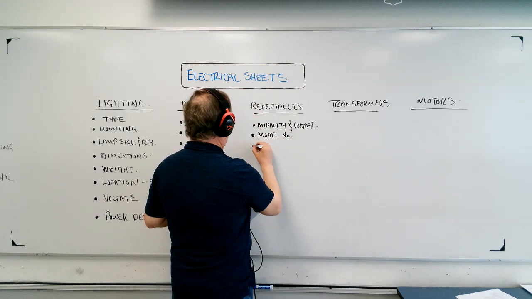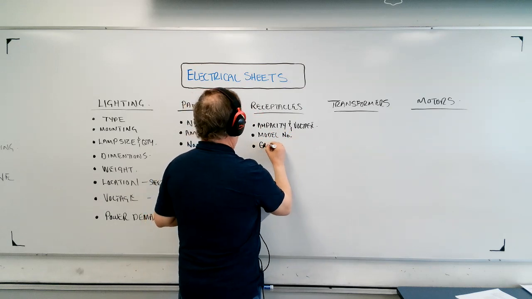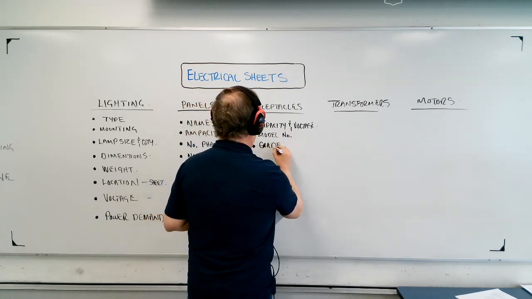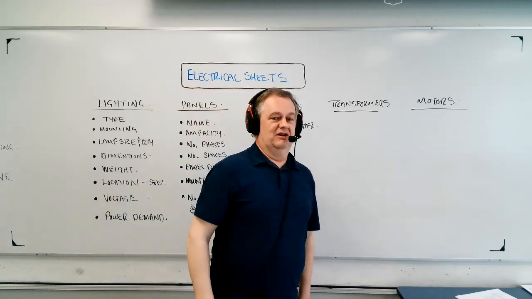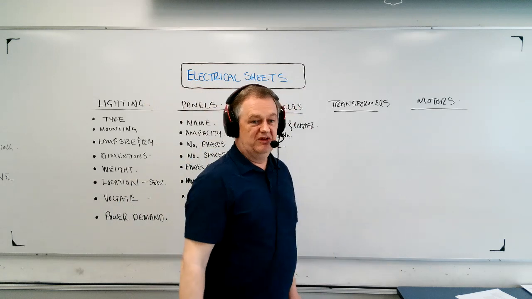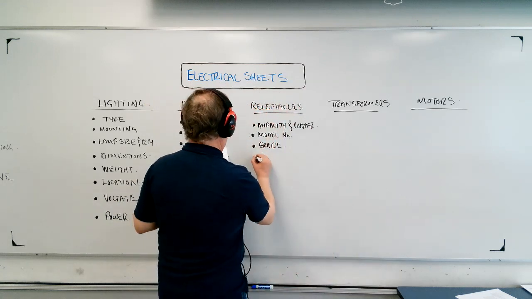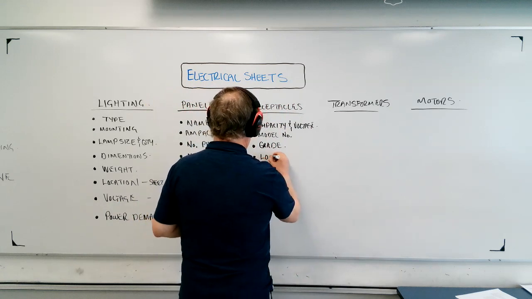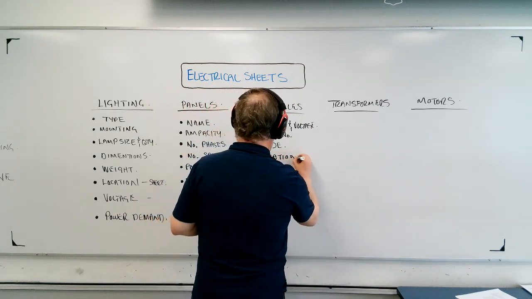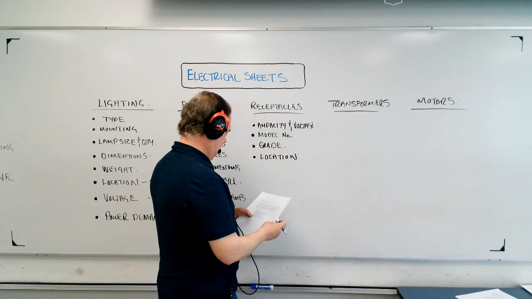The grade is also important. Are these hospital grade, sometimes called spec grade? Are they for life support? Are they just general purpose? What is the grade? Okay, that's something that will be listed. Location, where are the receptacles going to be placed?